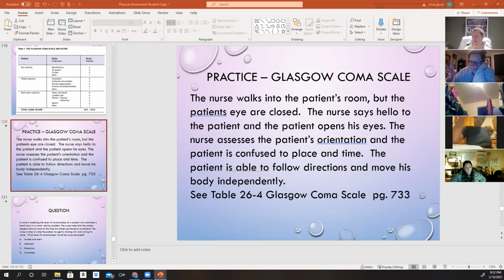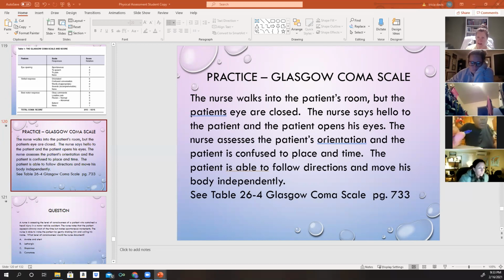So let's just look at the first part. The patient's eyes are closed, but when the nurse says hi, the patient opens their eyes. So eye opening to speech, right? What number would they get? 3. Now we're going to look at their verbal responses. The patient is confused to place and time. 4.